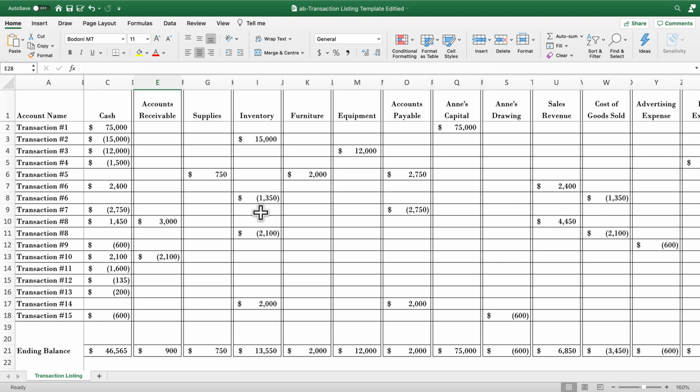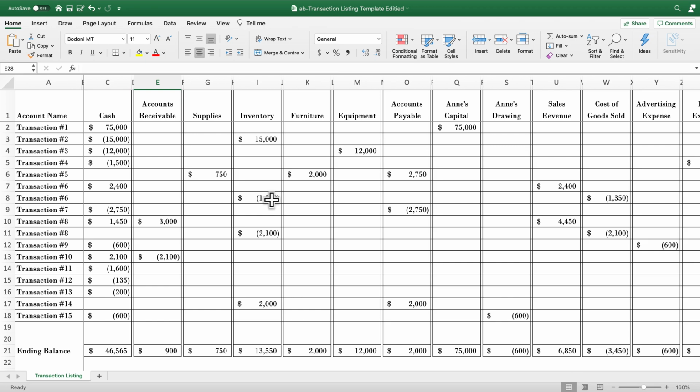And then if we look down here, our inventory decreased by $1,350 because we had a cost of goods sold. So we paid money to have that inventory. So it's the cost of goods sold that we paid for that inventory and to hold it in our facility.